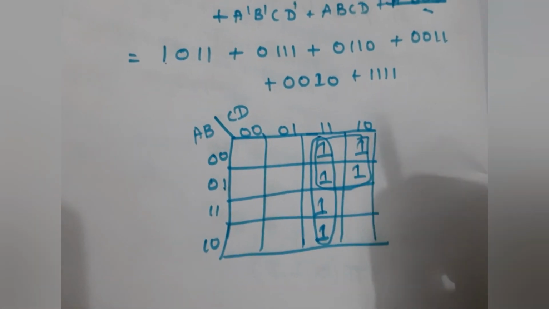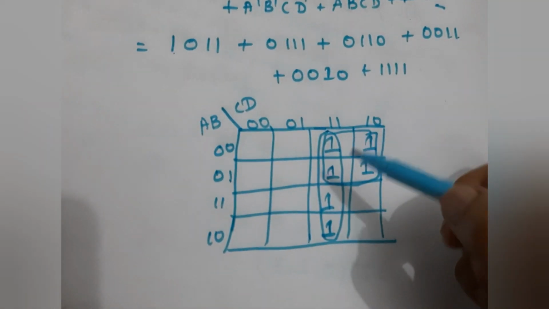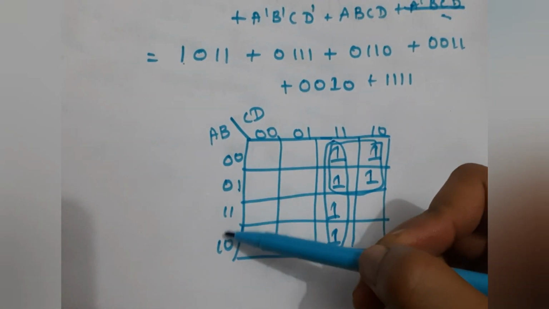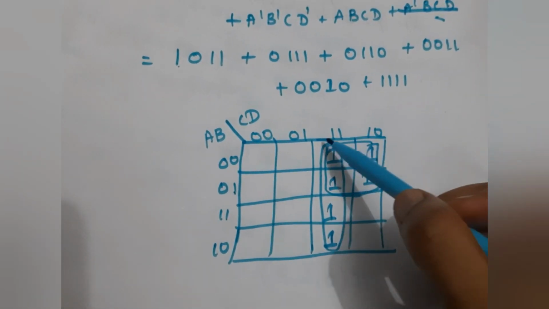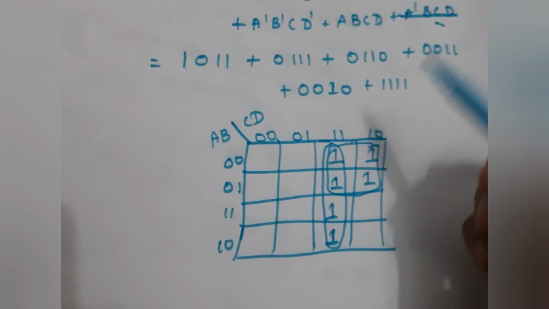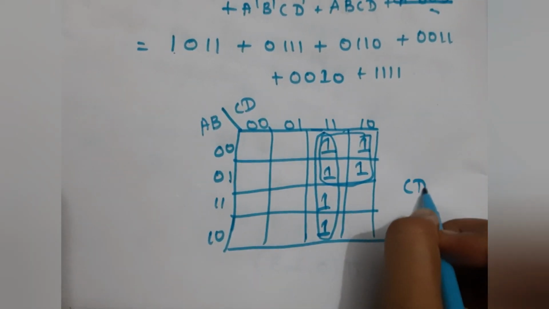So first we check the non-changing variables. Considering this group, A and B are changing, but CD is common to all, so we take CD.